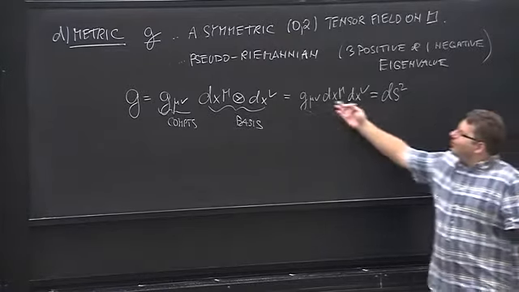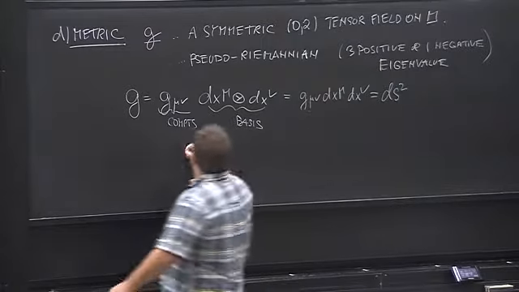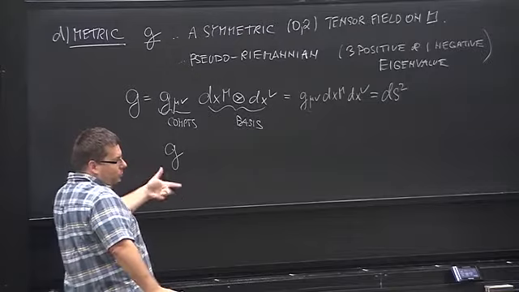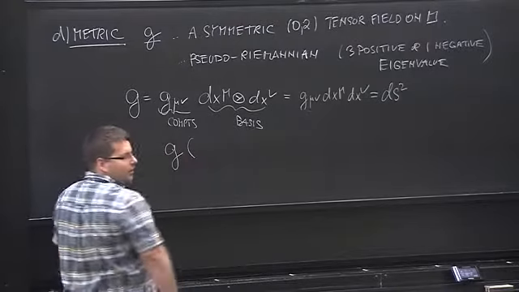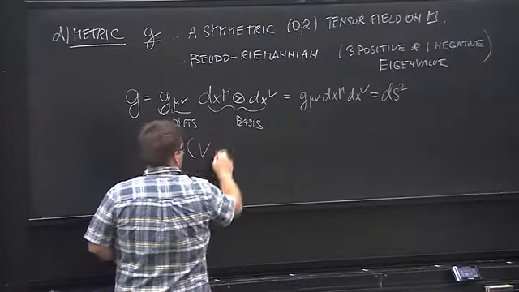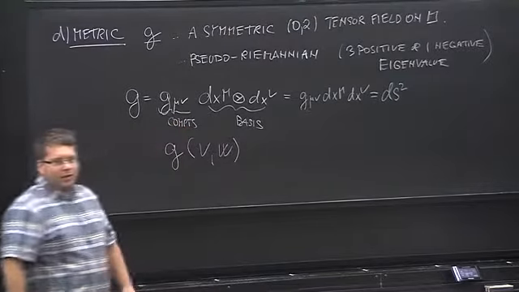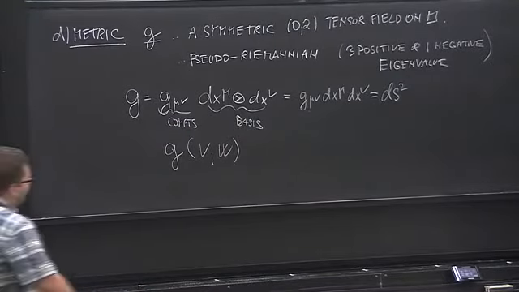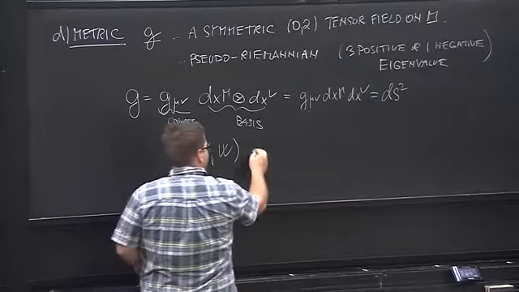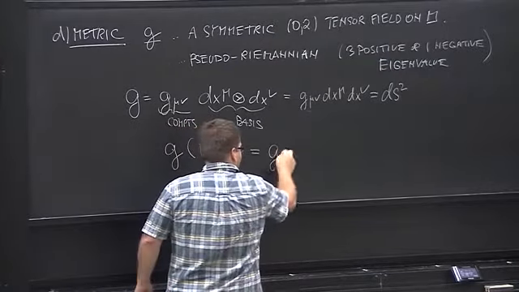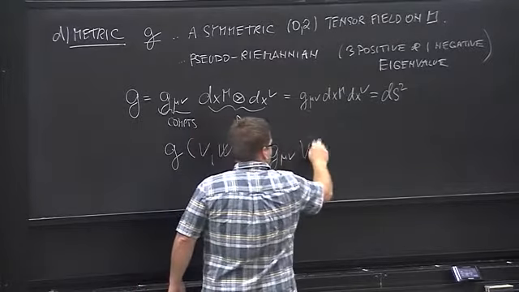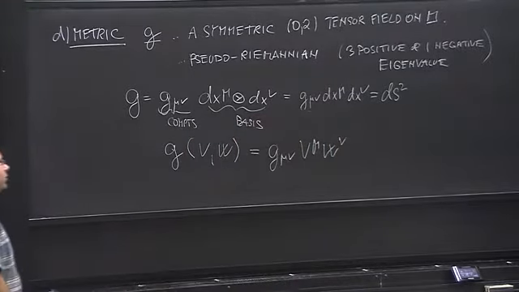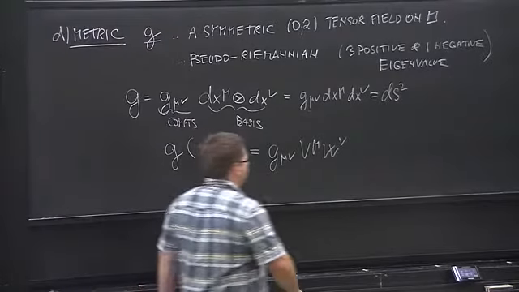And the reason is, of course, the metric is a (0,2) rank tensor, and so it likes to eat vectors, right? If it eats 2 vectors, v and w, it produces a number. And the number is just g_mu nu v^mu w^nu. It's a scalar product of the 2 vectors, so this is a number.